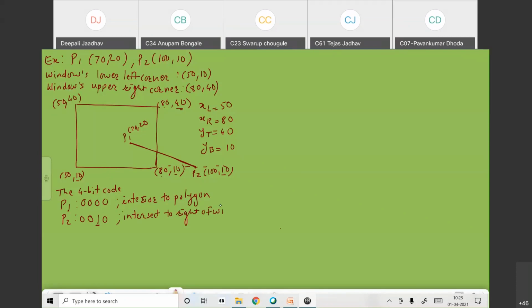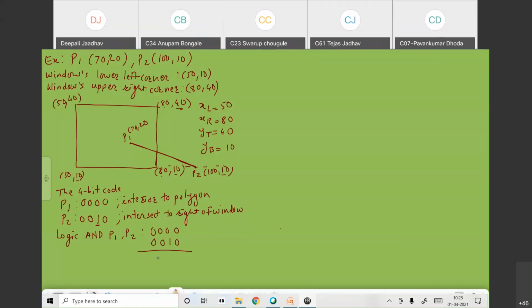So these 4-bit codes we can find here with the help of left, right, top and bottom intersect. Now we are going to find out the logical AND of these bit codes. 0000 and 0010.